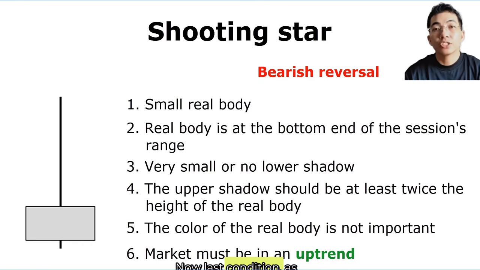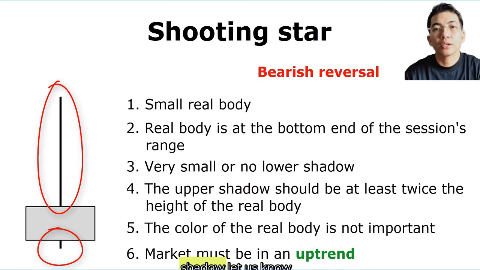Now, the last condition, as you might have guessed so far, is usually the most important one. The shooting star requires that the market is in an uptrend. So what does this candle say about the fight between buyers and sellers? The small lower shadow and the long upper shadow let us know that there hasn't been much action below the opening price and the buyers started very soon to push the price up.